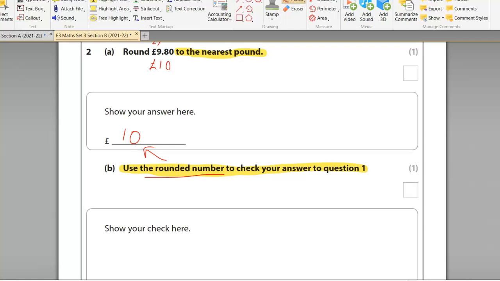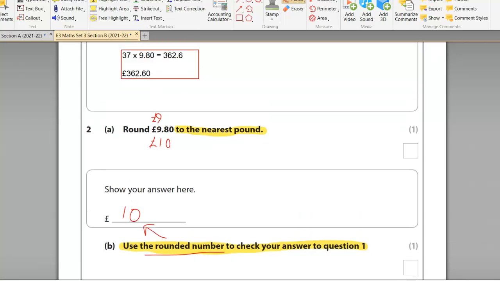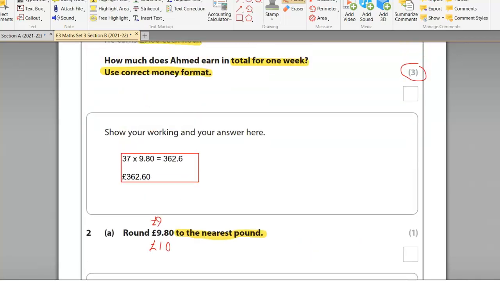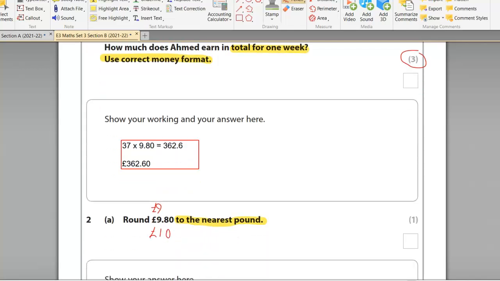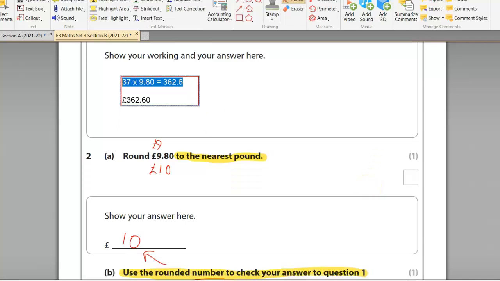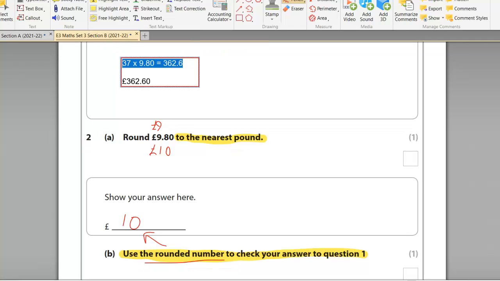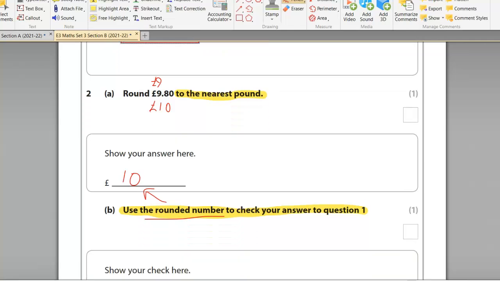So we've got to do a calculation check using the 10, not the 9.80. So in question 1, we had that calculation. So what it wants us to do here in part C is instead of using 9.80, it wants us to use 10.